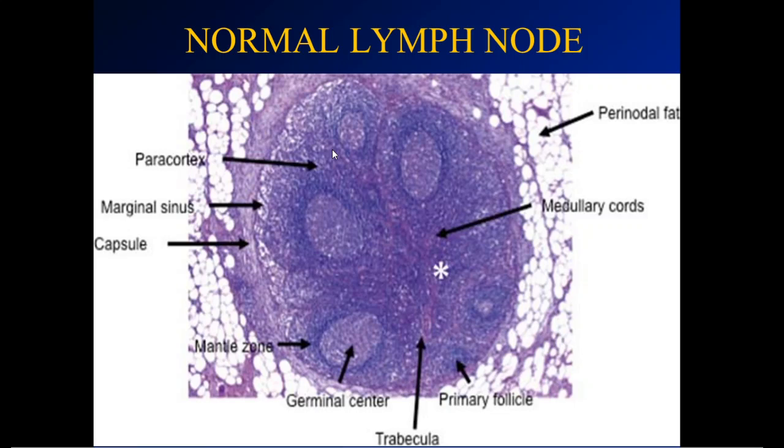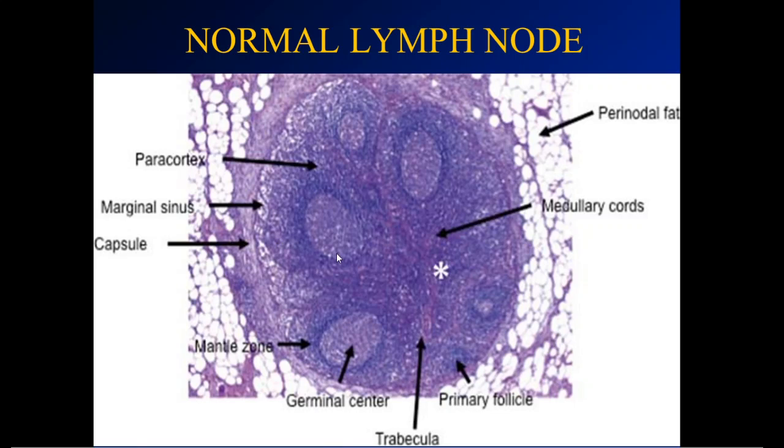The previous slide was a scheme, and right now you see the real situation. So what do you see? You see a lymphoid follicle with a lighter part, the germinal center. Some lymphoid cells between these lymphoid follicles. And these absolutely light cells with light cytoplasm are the so-called sinuses.